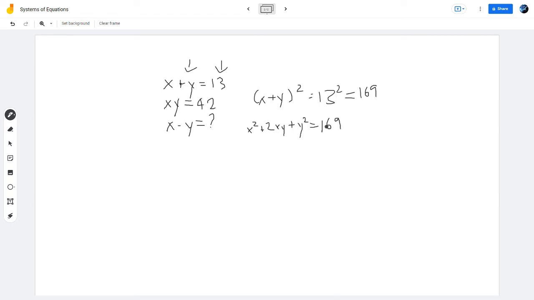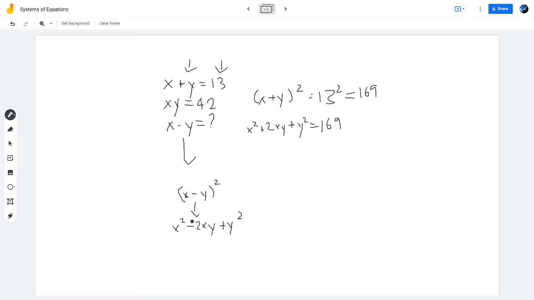And from what we just learned, we want to find x − y, right? So if we could just find what (x − y)² is, and then take the square root of whatever that is, then we're done. However, (x − y)², well, that just so happens to be x² − 2xy + y².